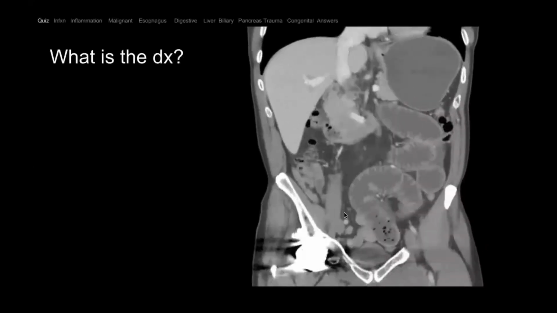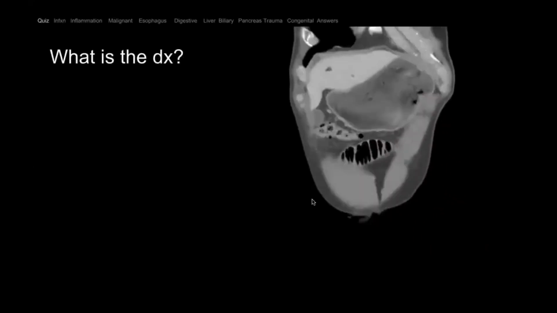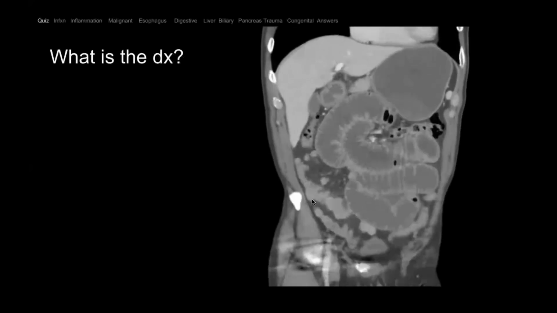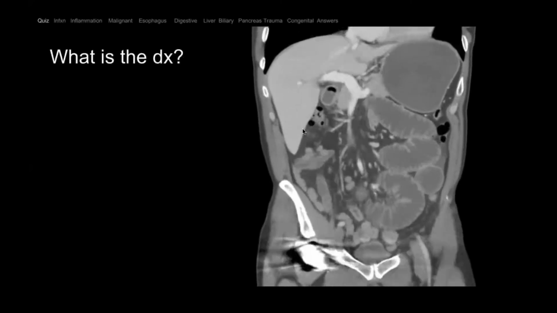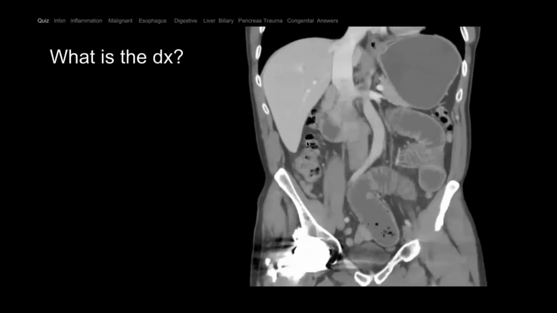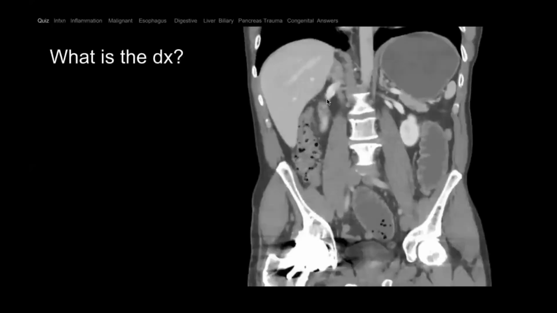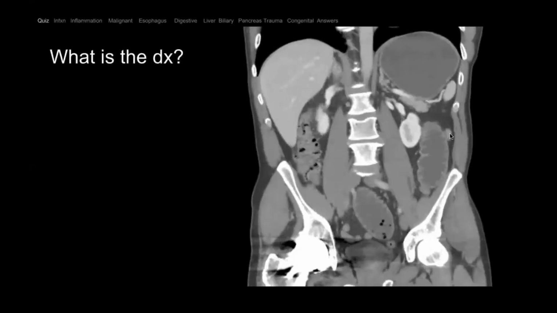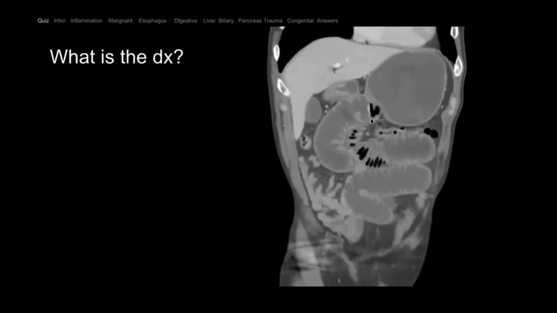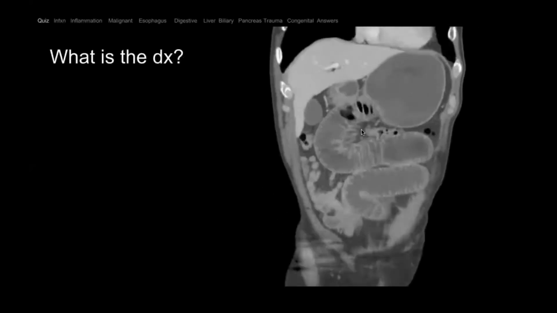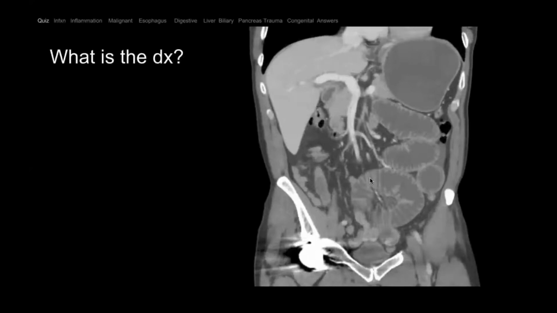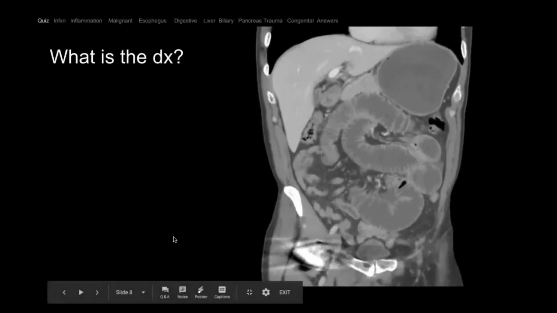So all the guesses so far have been regarding colon. The colon is a picture frame, so the ascending is right here, transverse is right here, and then the descending is right here where the gas bubble is. So this is more central. In the center of the abdomen lives the small bowel. So this is more of a small bowel process. So we'll talk about that.